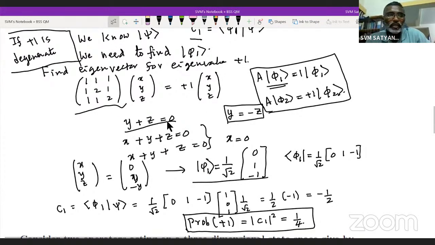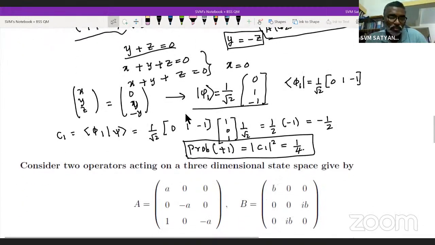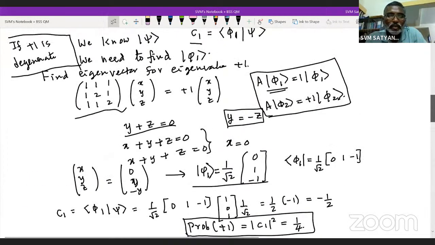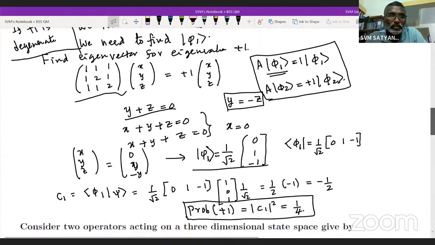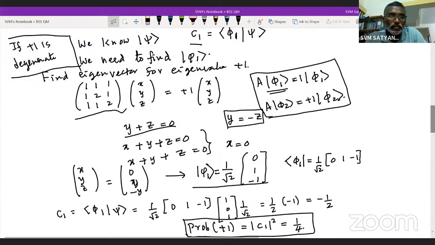We will have to figure out how to do this degeneracy check without actually solving this one. But solving the eigenvalues is straightforward. But let me think if there is a way to do it just by looking at the matrix. Okay, any other question? This is a nice question. Any other question?